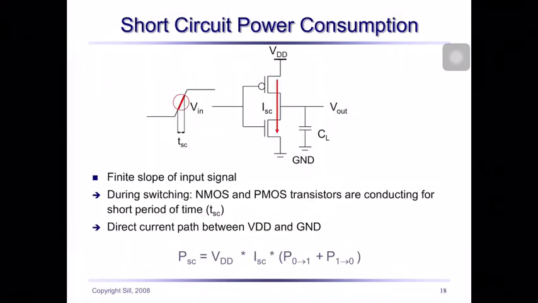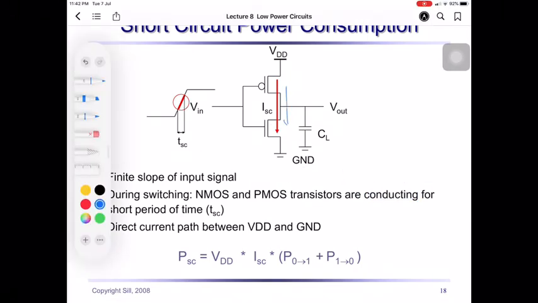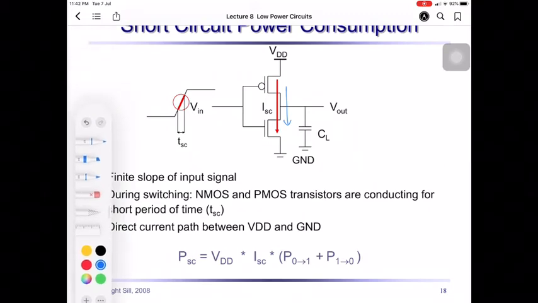Okay, so now let's look at short circuit current, short circuit power. Short circuit power is related to short circuit current, which is actually the current that travels from VDD to ground here, or I short circuit.